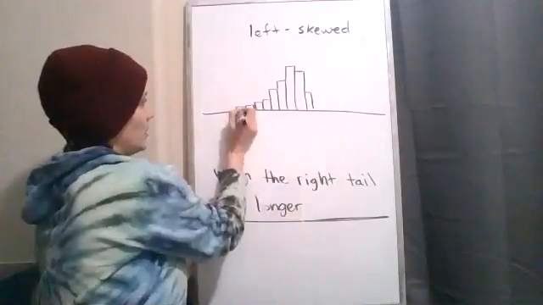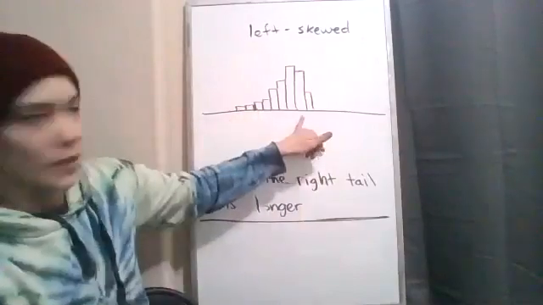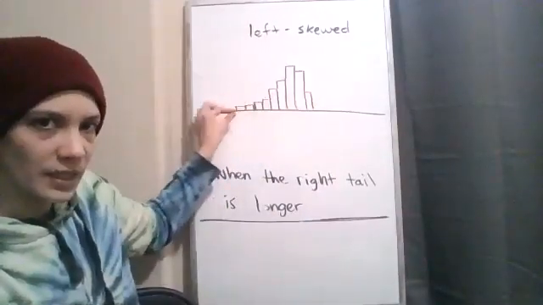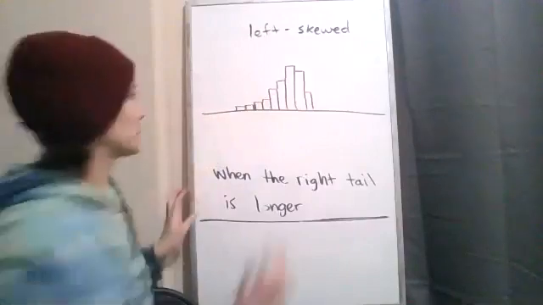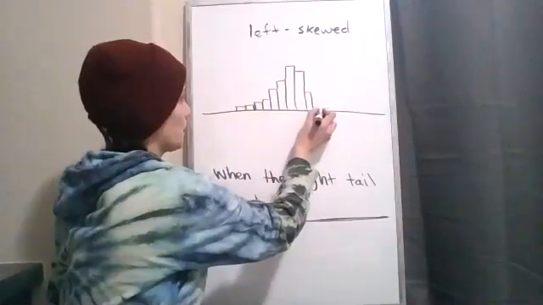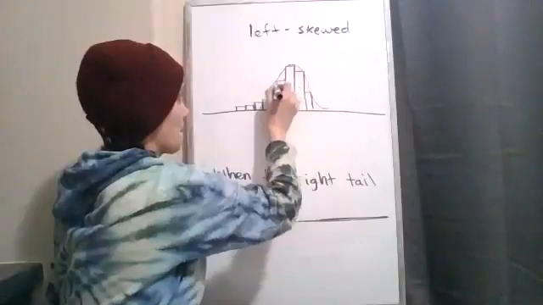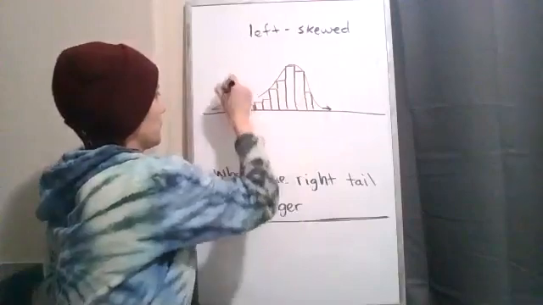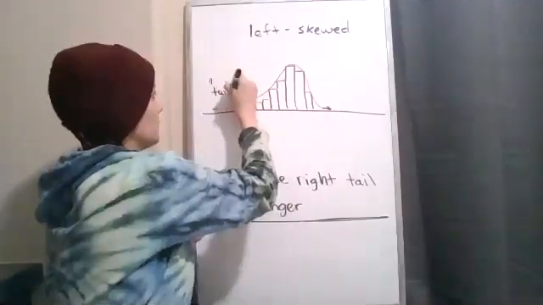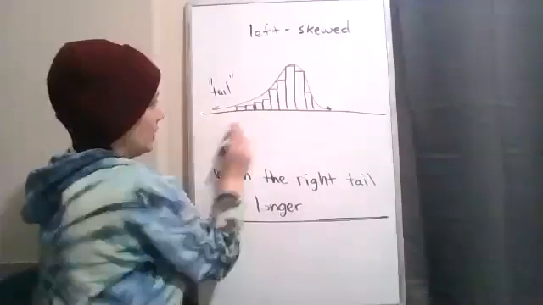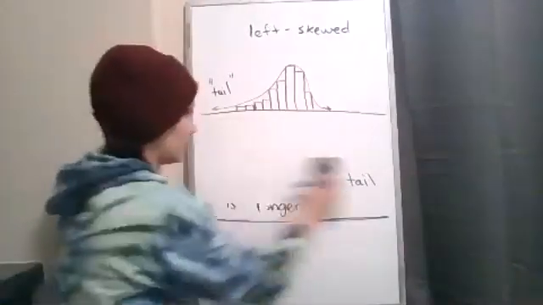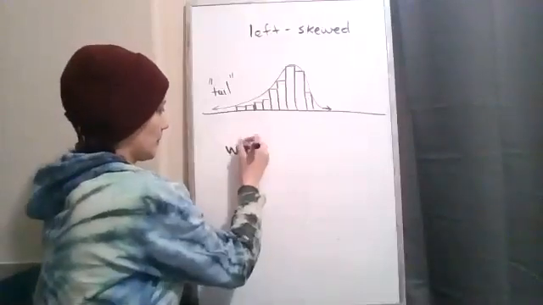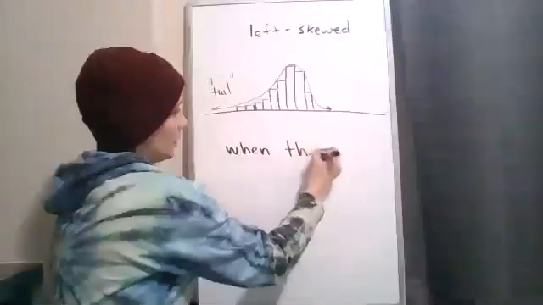So most of your data is here on the right side and then kind of trails off with just a little bit to the left. It's the left tail. This part here is the tail, on the left side.